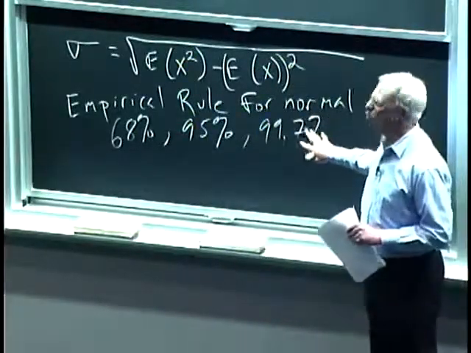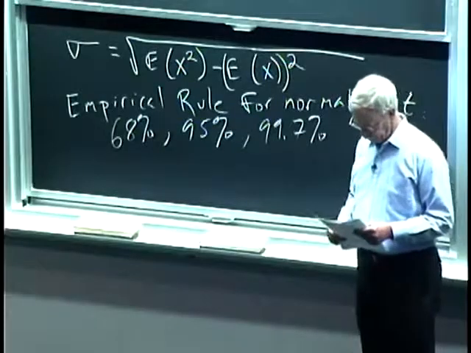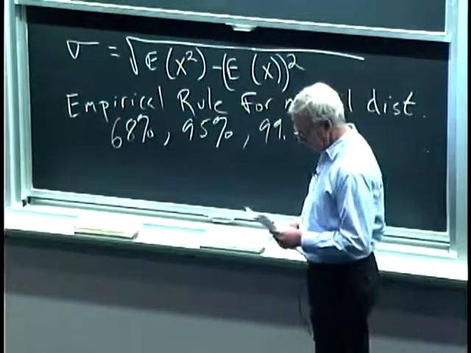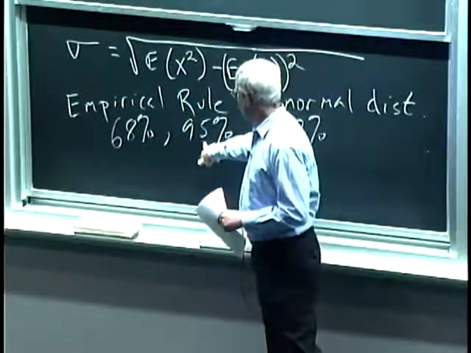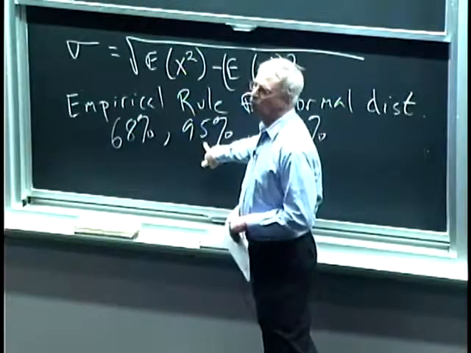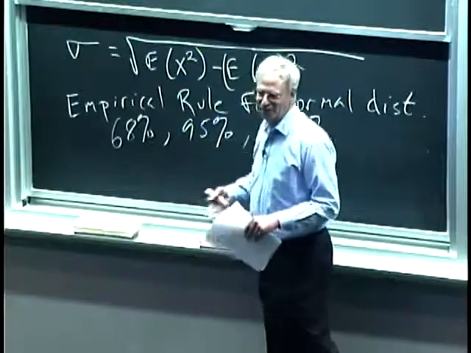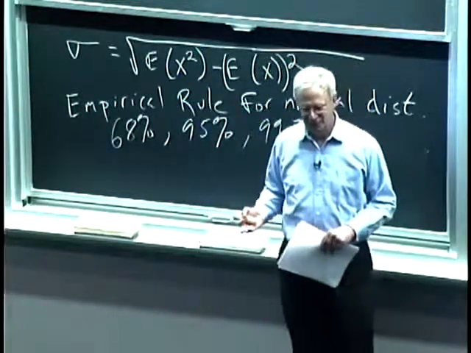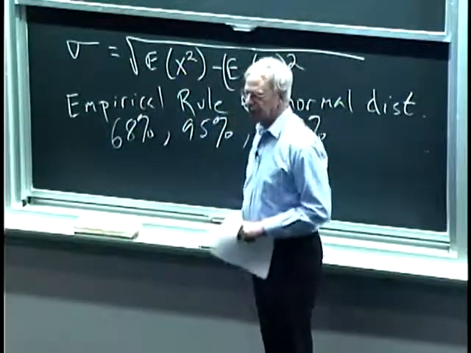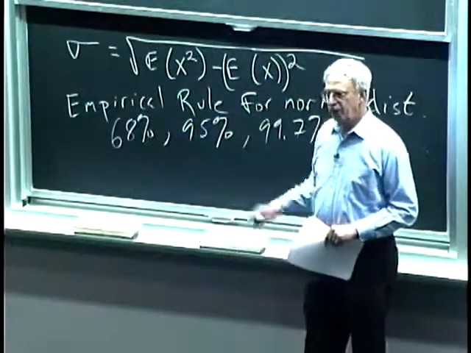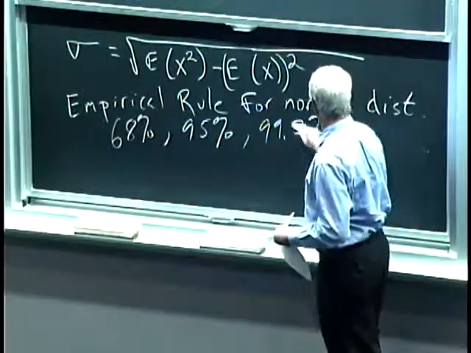These values are approximations, by the way. So this is really 95% falls within 1.96 standard deviations, not 2. But this gives you a sense of how spread out it is. And again, this applies only for a normal distribution.